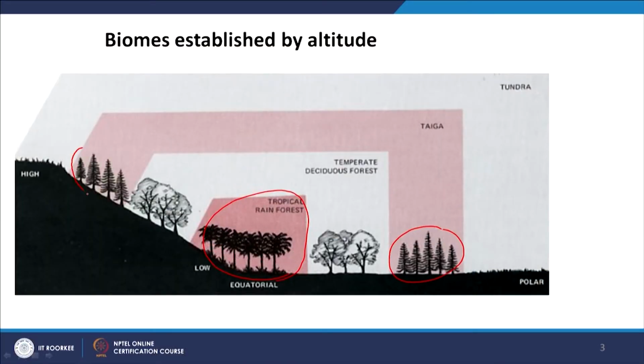Whereas if you go into the taiga range, you see a lot of tall pine trees or even deciduous trees, and in the temperate we also find the temperate deciduous forest, whereas in the tundra it's polar with a little bit of grasslands. So this is how the whole geography and the plant communities are varied by the climatic aspects as well as the geological aspects.